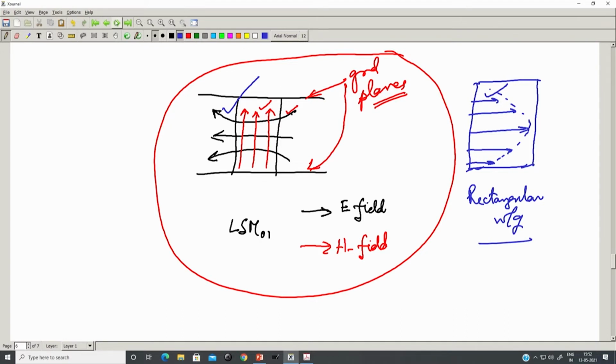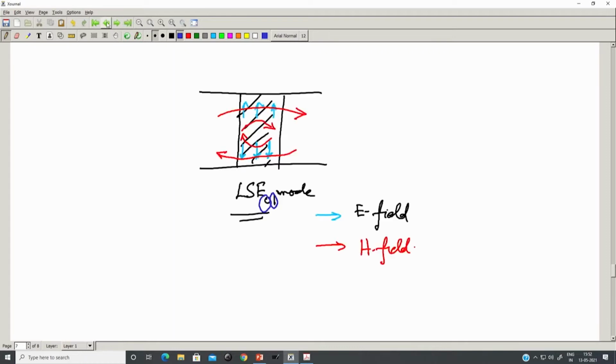Whereas if you look at the LSE 01 mode, the magnetic field is along the metallic plates, it is more tangential to the metallic plates. So, there will be currents induced in the metallic plates leading to loss. Therefore, the LSE modes are more lossy than the LSM modes.